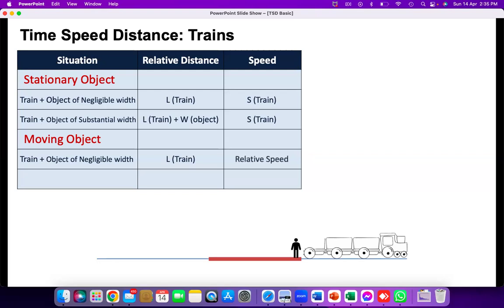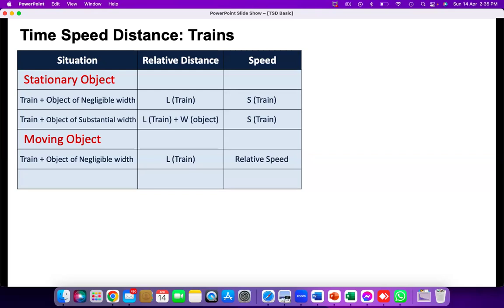What is the relative speed? Since both are moving in the same direction, the relative speed is nothing but, Tushar, the difference of two speeds. Yes, the difference of two speeds. Cool, good.